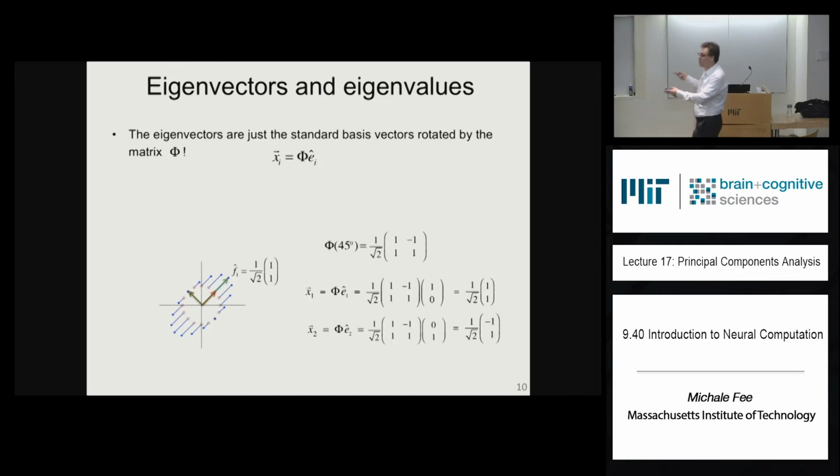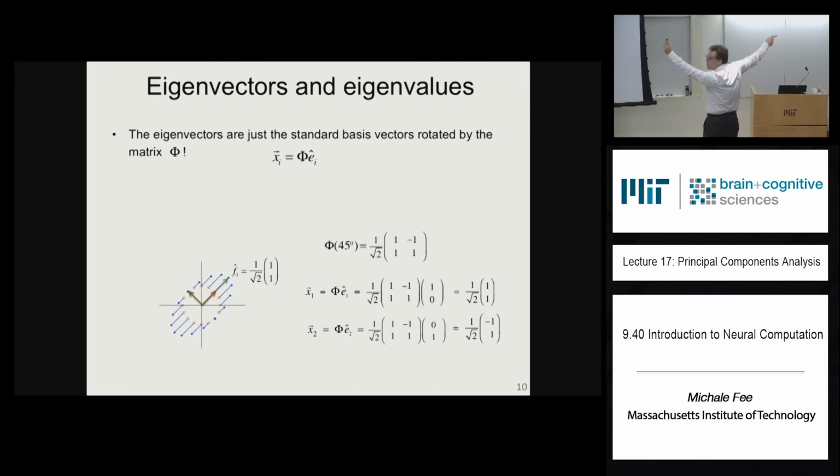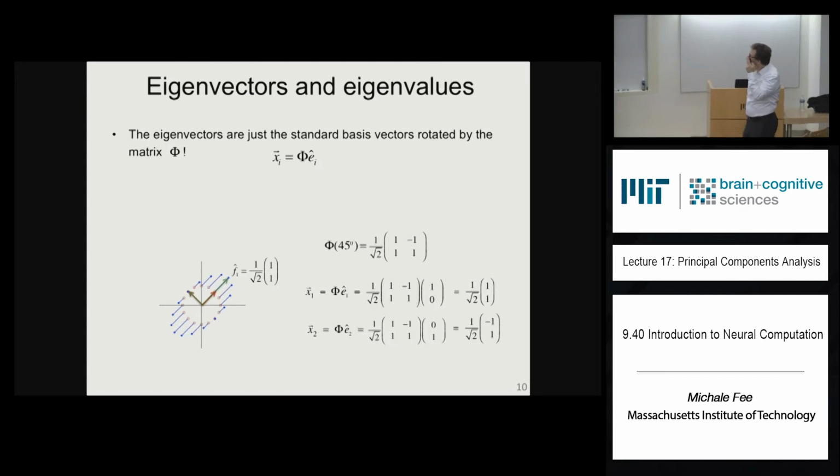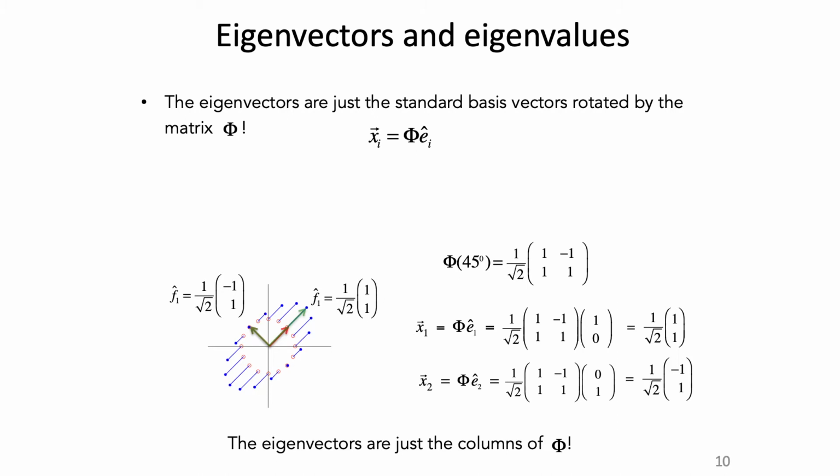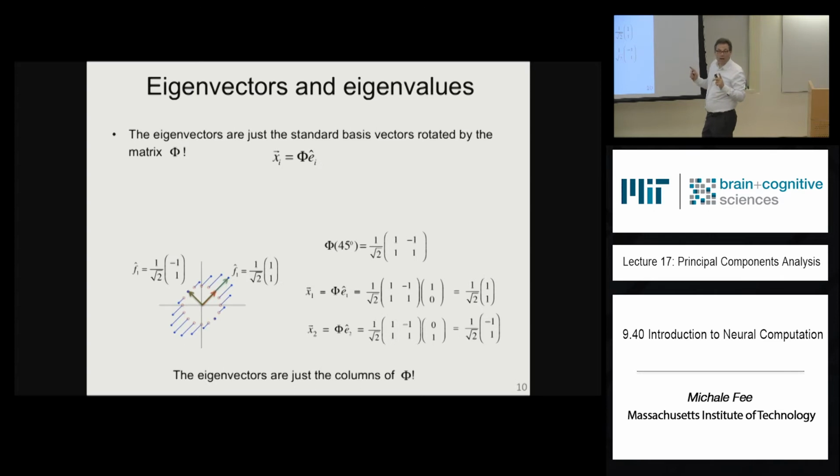Notice it's just a rotated basis set. So notice that the eigenvectors are just the columns of our rotation matrix.